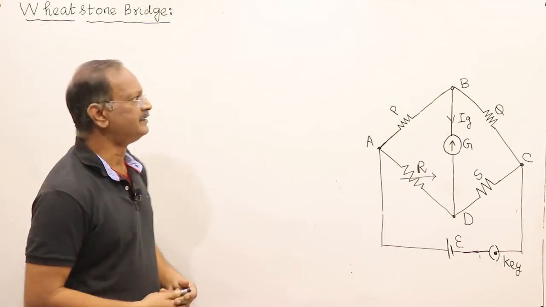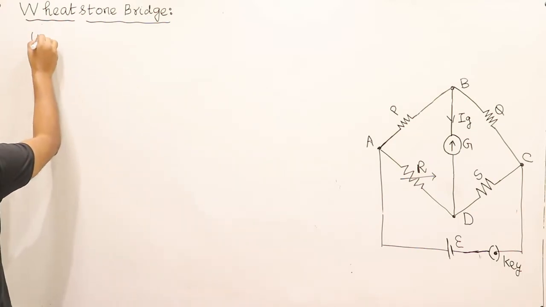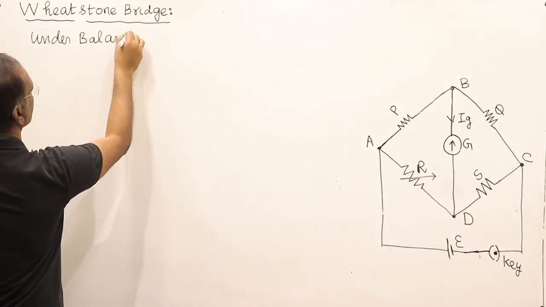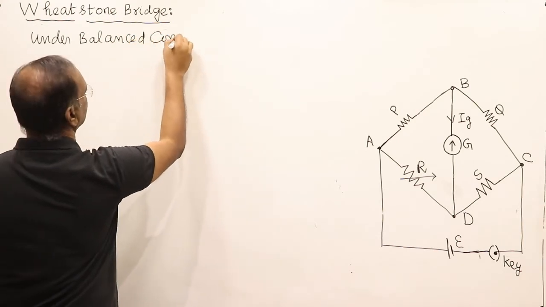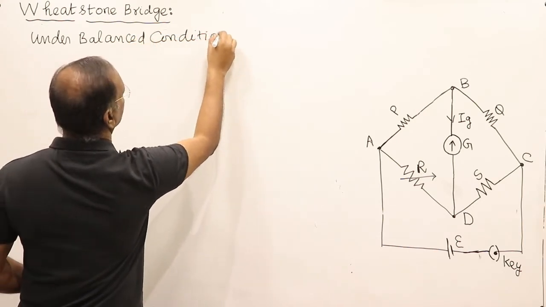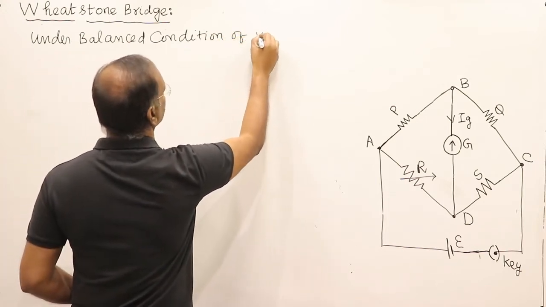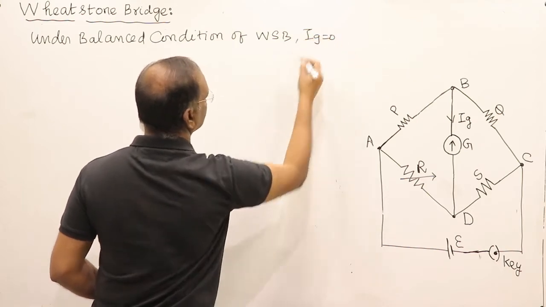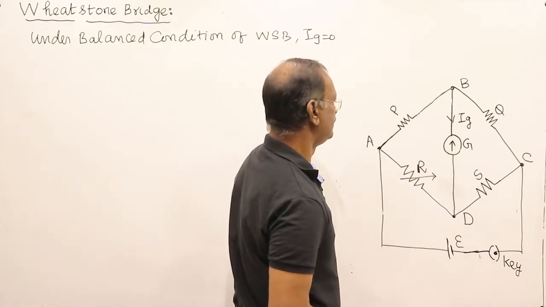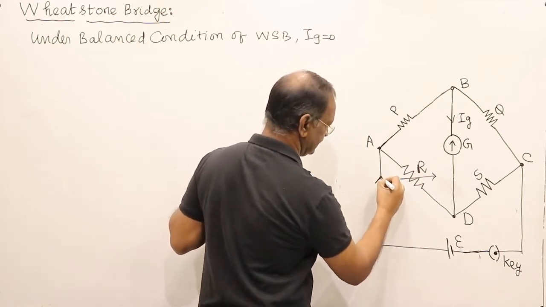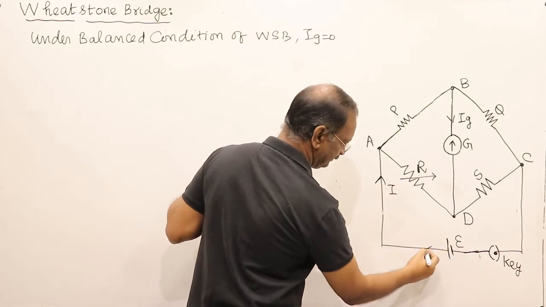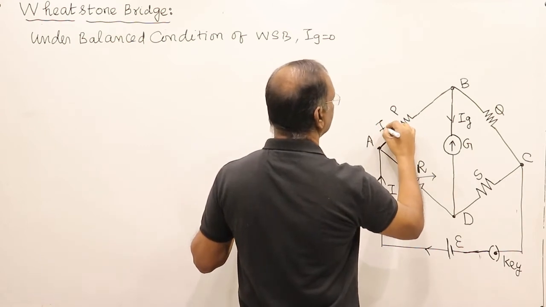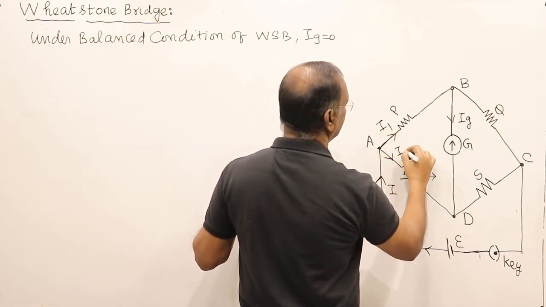So under balanced condition of the Wheatstone bridge, Ig is equal to 0. That is, the current through this branch is equal to 0. Suppose this is the current flowing from the battery, and here I1 is flowing and here I2 is flowing.